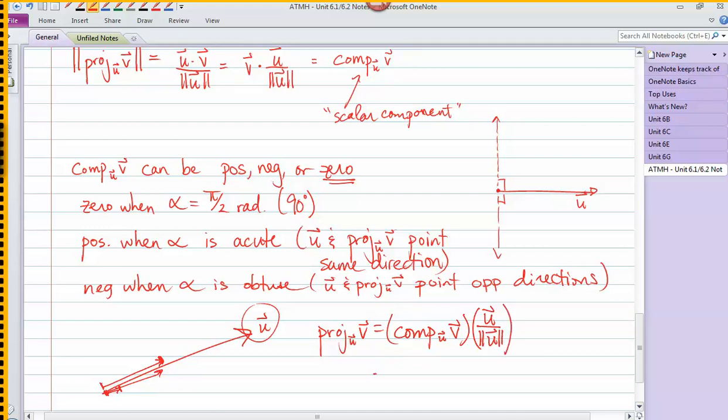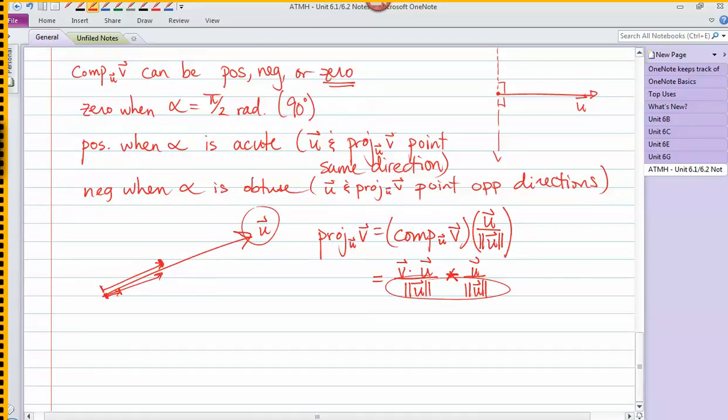And then if I do some substitution for the component part, I've got V dot U over the magnitude of U for the component, and then times U over the magnitude of U. Now the denominator is the magnitude of U squared. So I'll write this a couple different ways.